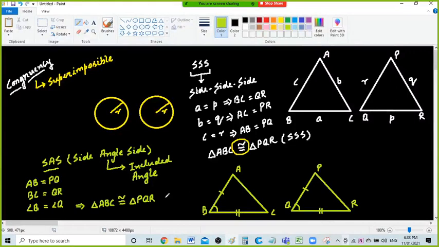All right, and that too by the property SAS.